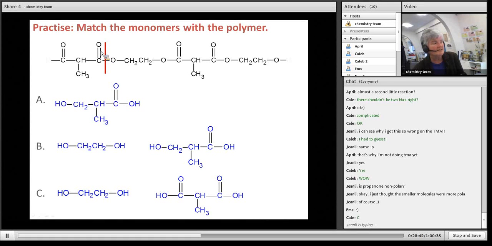If it's COO, and then it's OCO, and then it's COO, in other words, it's reversing every time, then you know it's the diol with the diacid. So it's definitely not A, and it's number C. So Caleb, you were correct there.